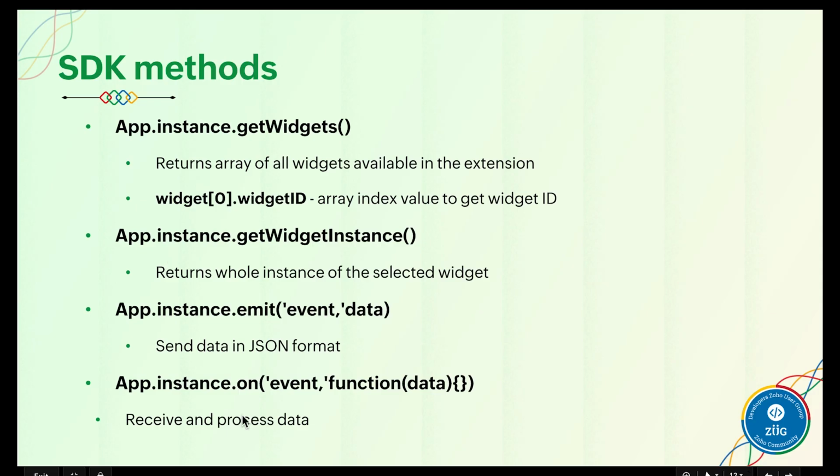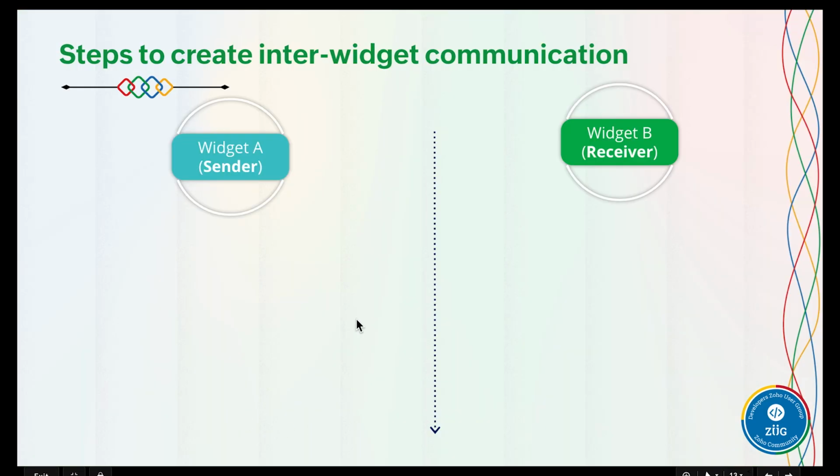Now that we have seen an overview of inter-widget communication and the SDK methods available for implementing it, let's see a workflow where we explain a complete flow of how to implement it. Let's take two widgets, widget A and widget B, and consider widget A as the sender and widget B as the receiver.